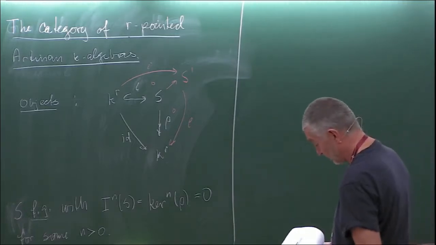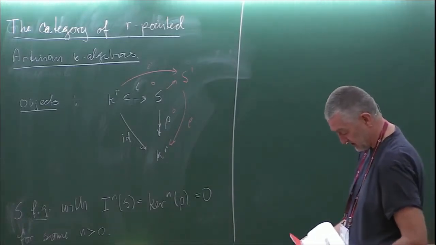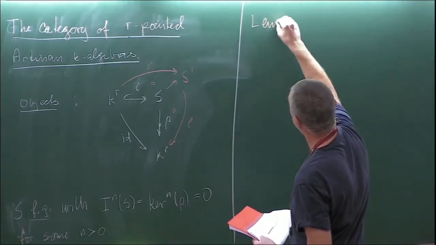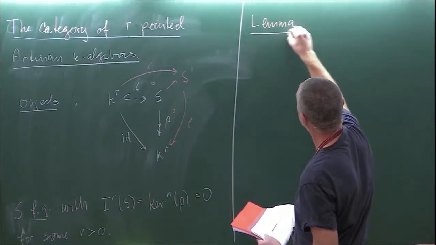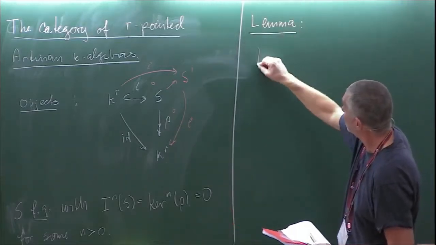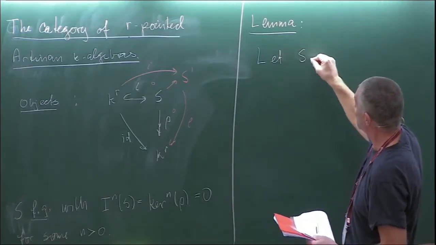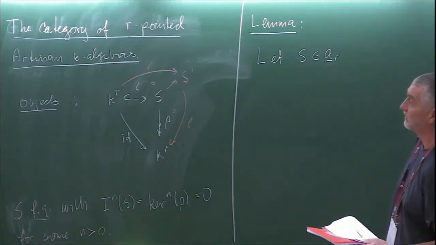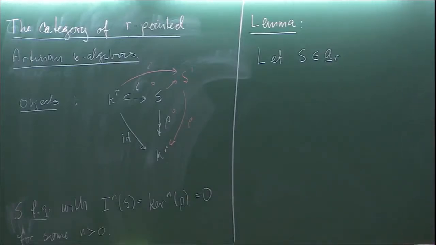Okay, but we can look at these algebras. This is in fact a lemma. What kind of algebras do we have? So let S be in AR. What is AR?